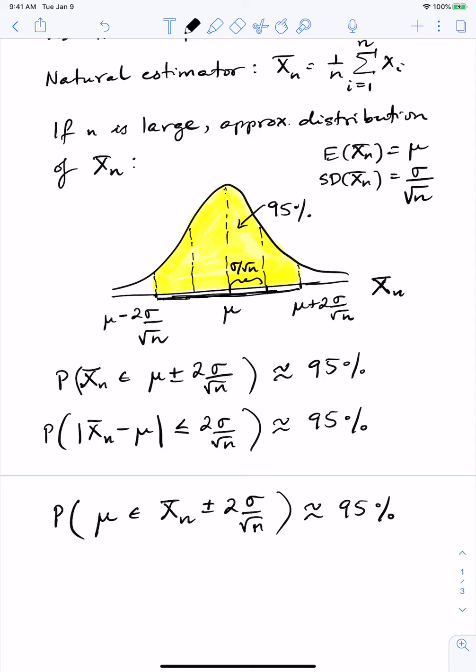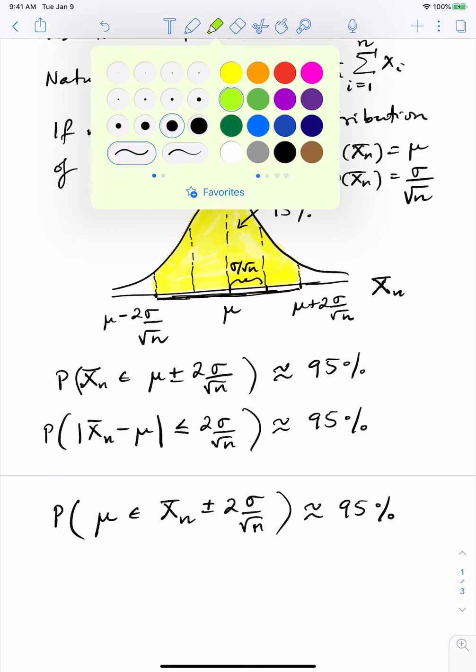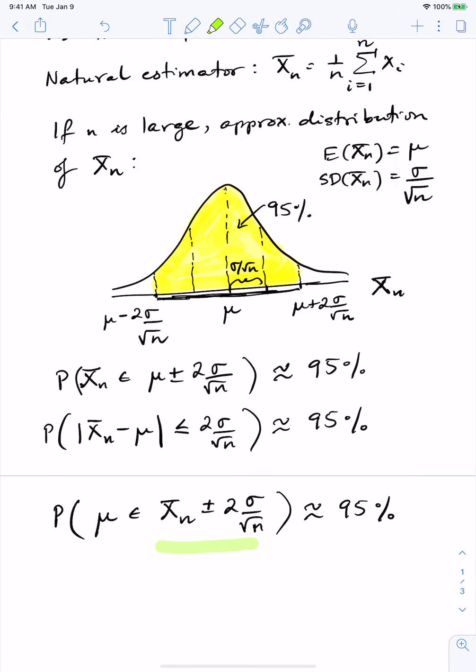And this is a very handy way to look at things because I'm trying to capture that unknown mu. And what I've said is that if I compute this random interval, sample mean plus or minus some constant, the sample mean is random. If I compute that random interval, then the chance that that random interval captures my mu is approximately 95%.